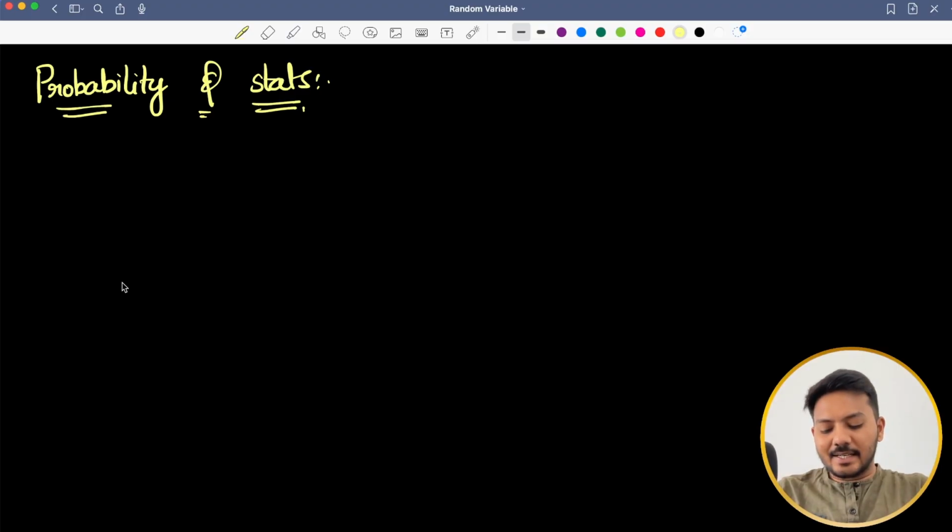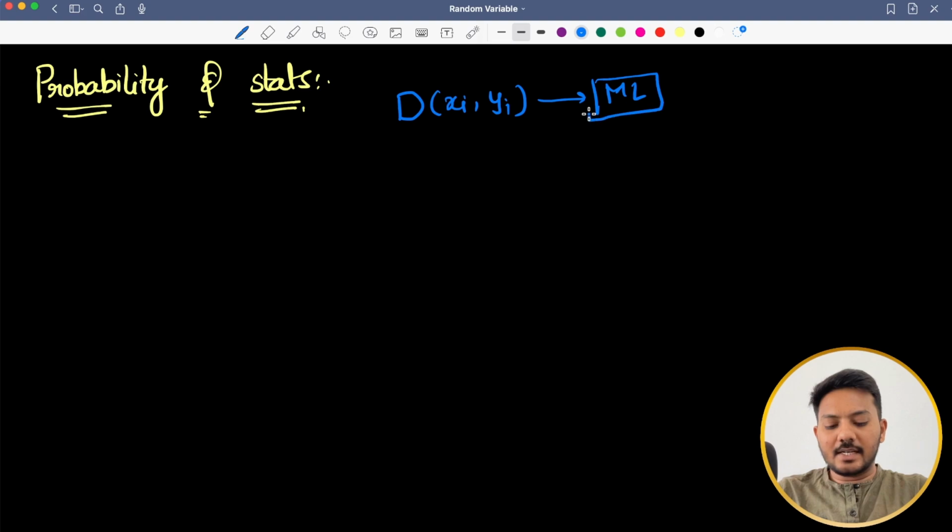So first let's understand what is the need of probability in machine learning. Let's say I have a data set D which has xi and yi, and I trained a machine learning model on top of this data set.